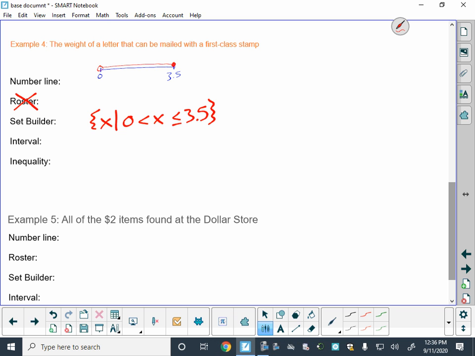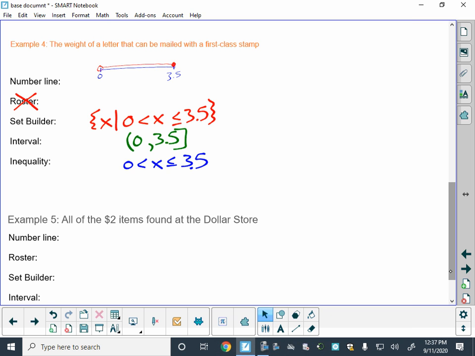The interval notation, the less than here, indicates that I'm going to be using a curved parenthesis there with the 0, comma, up to the 3.5, but the solid dot and the equal to on those previous ones correspond to a square bracket on that. And once again, the inequality is just extracted from the set builder notation. And we can say that the answers are the numbers that are between 0 and 3.5. That should be a decimal point there.